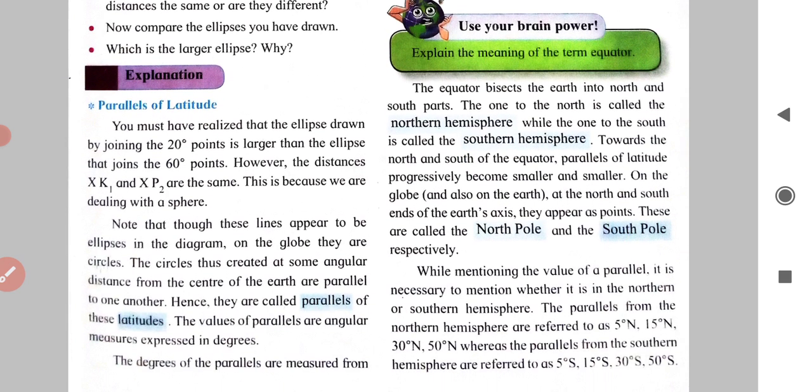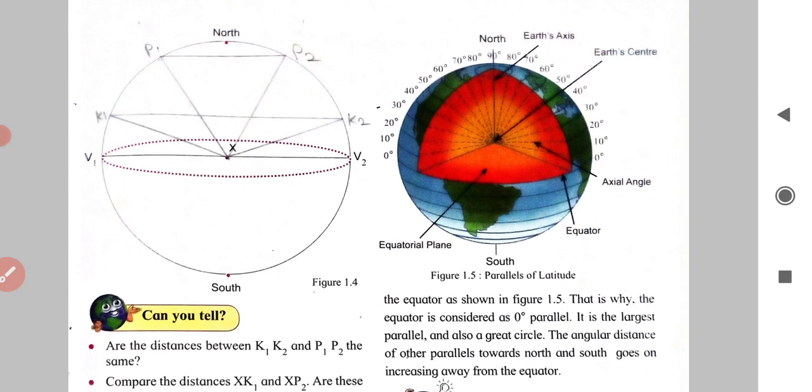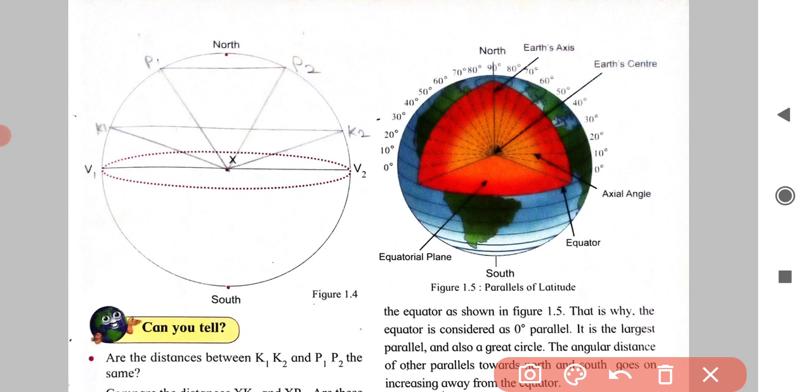Now on the globe and also on the earth, at the north and south ends of the earth's axis, they appear as points. These are called the North Pole and the South Pole respectively. Dear student, these are the points on the axis of the globe or the earth. This is called the North Pole, this is called the South Pole.